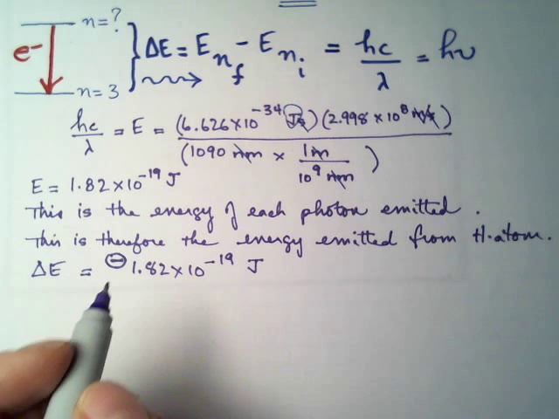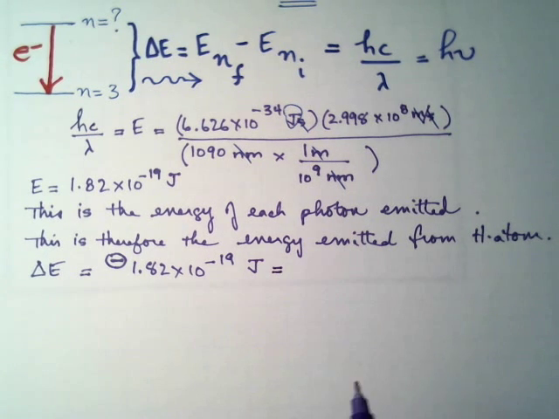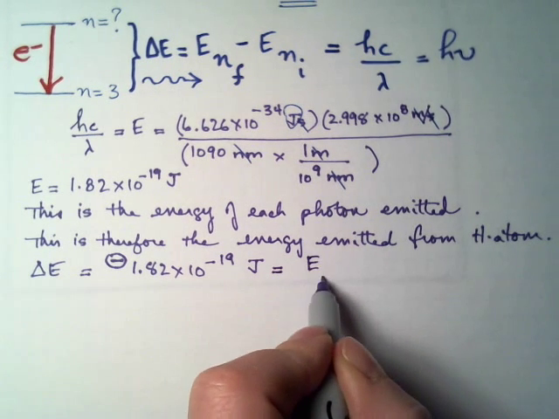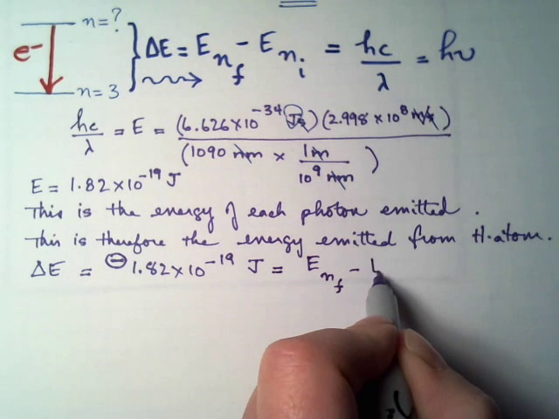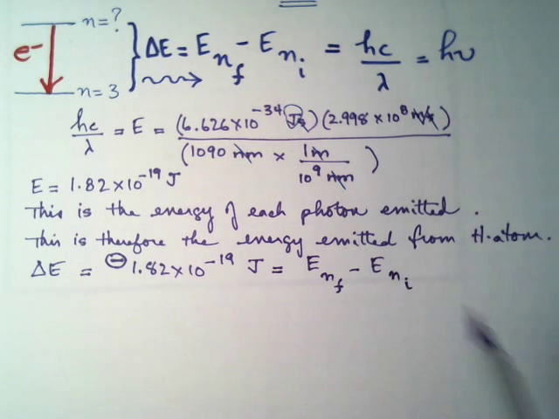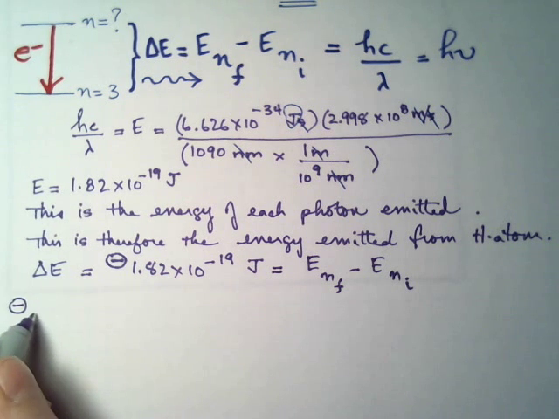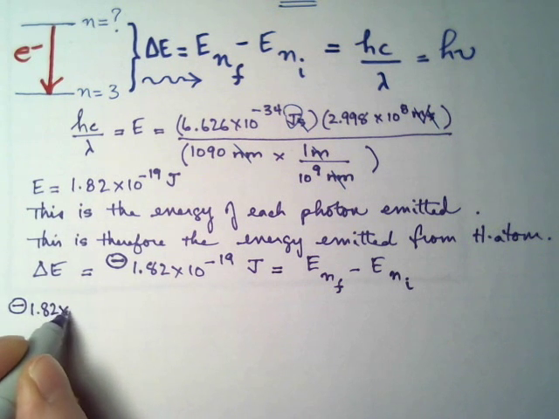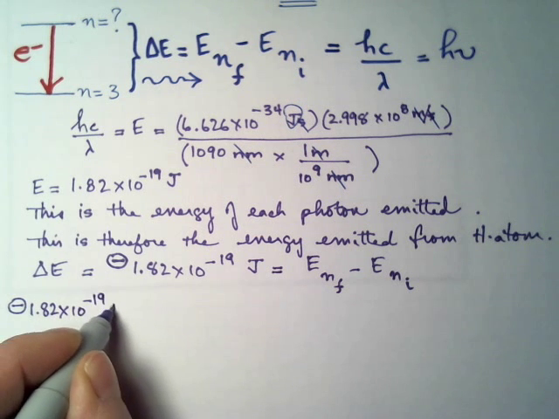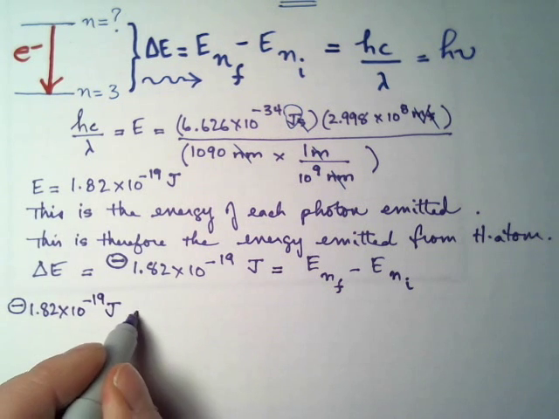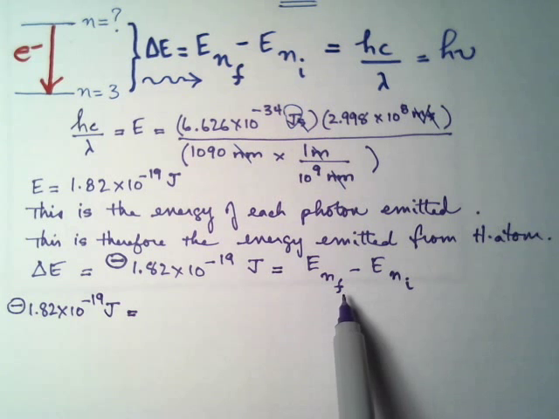All right, and I know that that is equal to the energy of n final minus the energy of n initial. So I have a minus 1.82 times 10 to the minus 19 joules is equal to this over here.